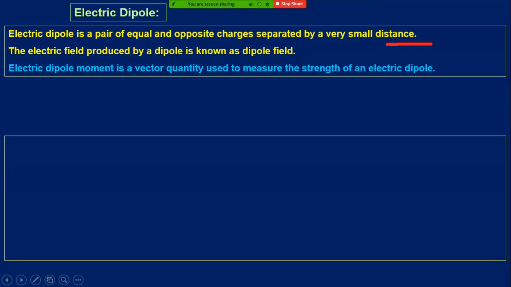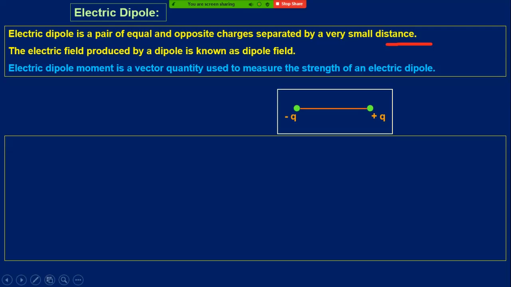But electric field intensity is also a vector quantity, used to measure the strength of an electric field. This is the difference between electric dipole moment and electric field intensity.